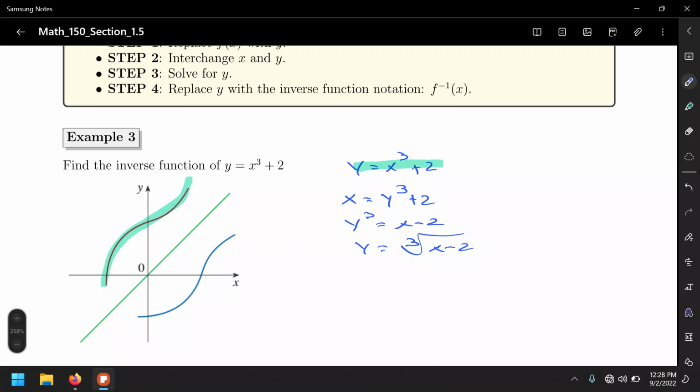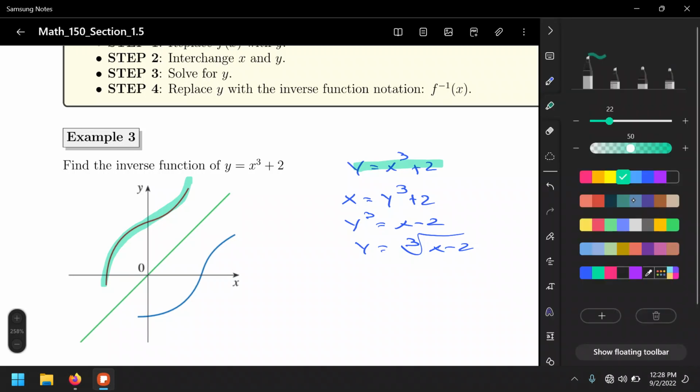In this case, we have that of an odd index. So this minus 2 from the shifting means that we shift the graph 2 units to the right, which is represented by the other graph that we have in blue right here, isn't it?